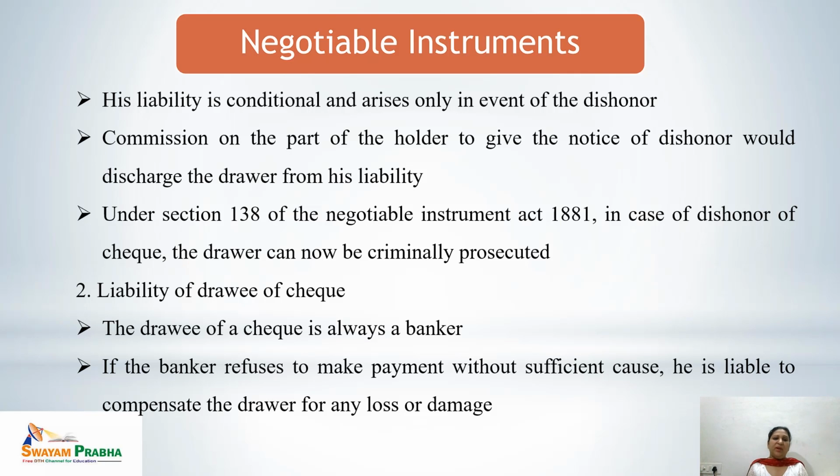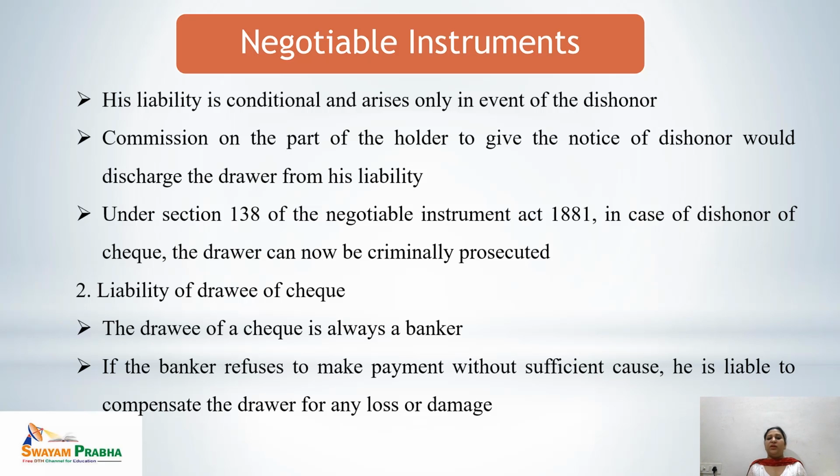And the liability of the drawer is conditional, and it arises only in case of the dishonor of the instrument. Omission on the part of the holder to give the notice of dishonor would discharge the drawer from his liability. If the notice is not given in case of the dishonor of the instrument, the drawer would not be held responsible.